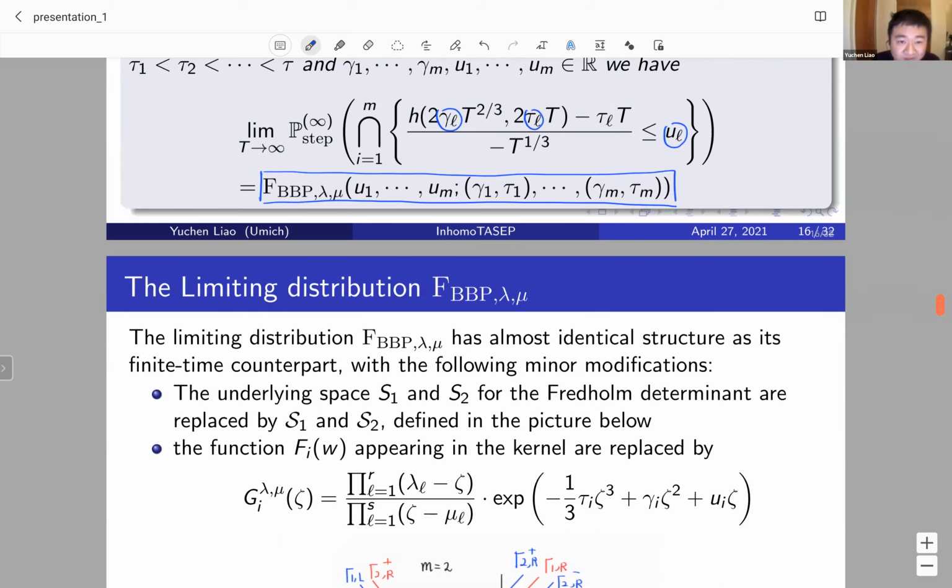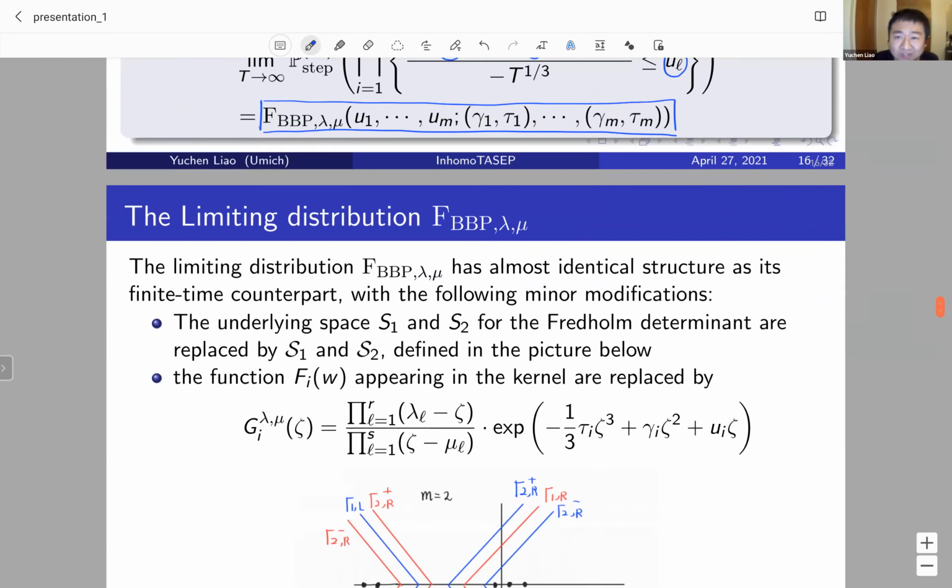Let me briefly remind you what it is. Essentially, the formula takes exactly the same form. It's an n-fold contour integral like this, with a different Fredholm determinant part D essentially.